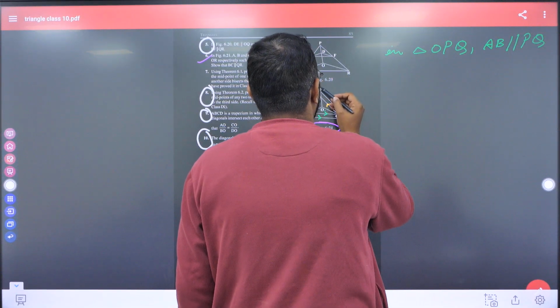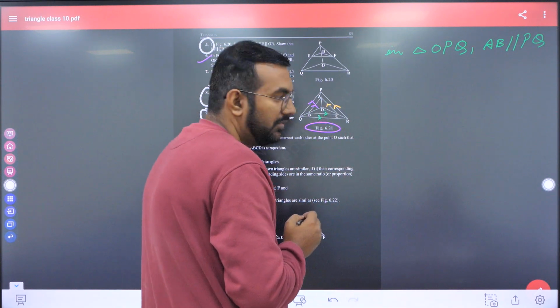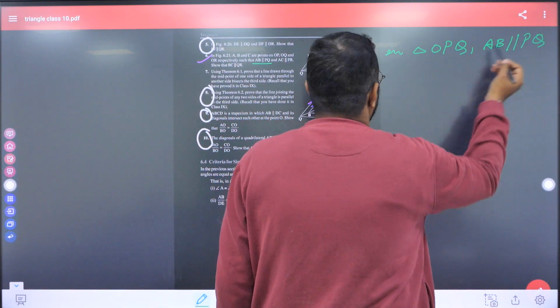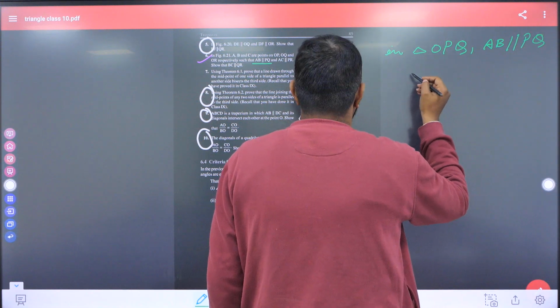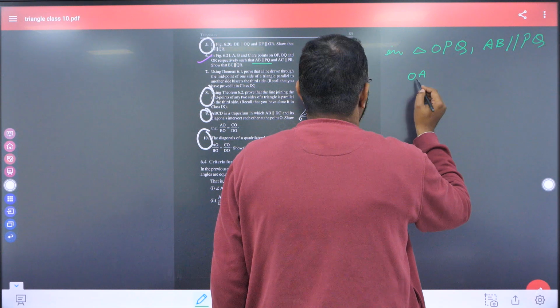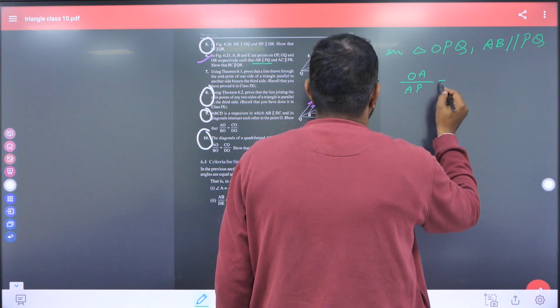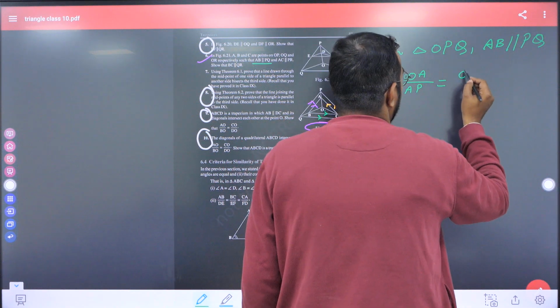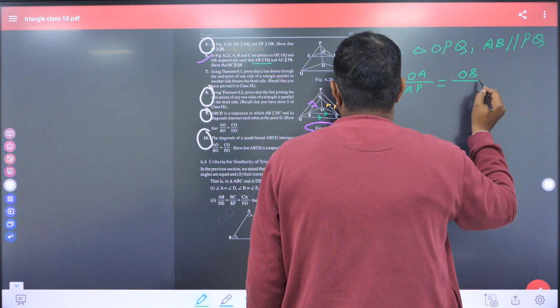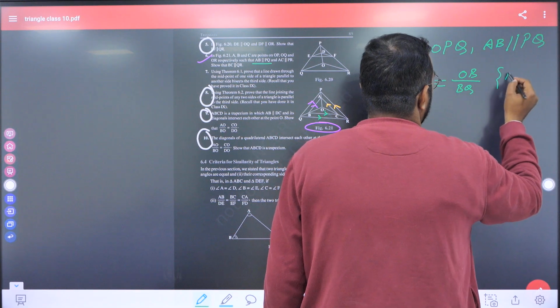OA upon AP is equal to OB upon BQ. Yes. By BPT, because the lines are parallel. So we will write that OA upon AP will be equal to OB upon BQ by BPT.